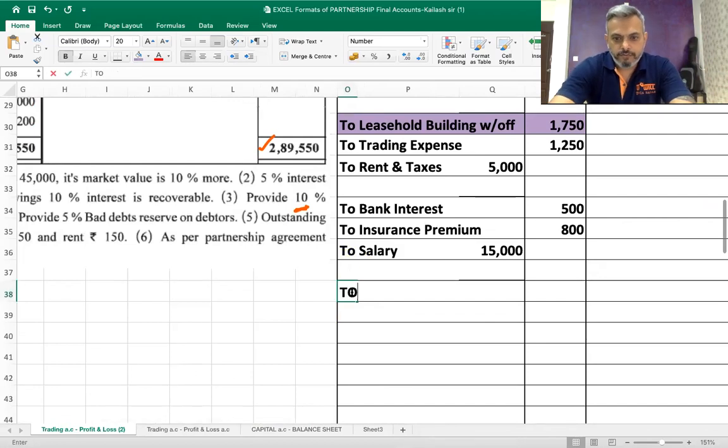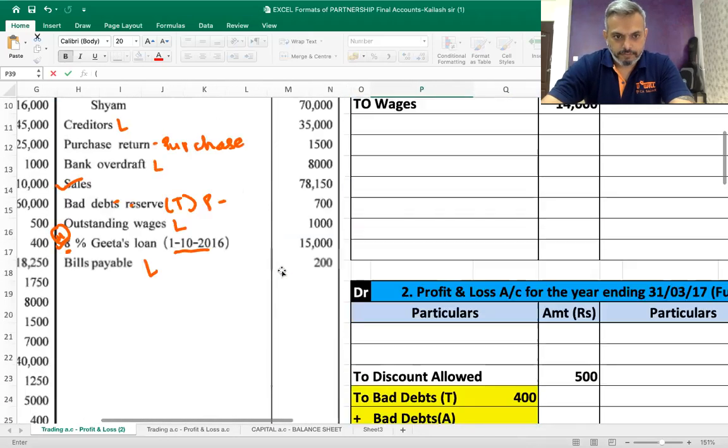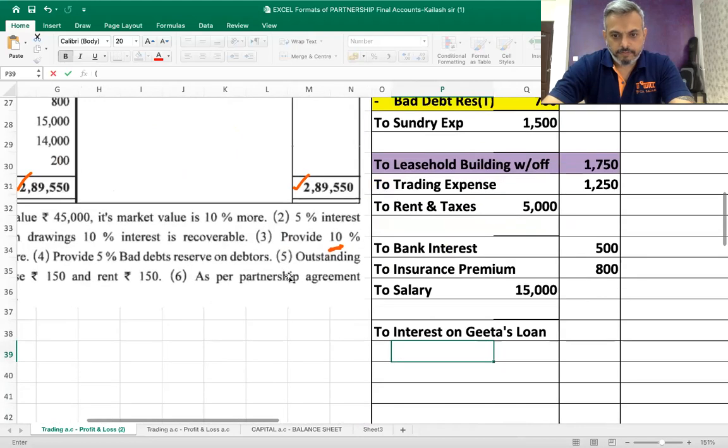So to interest on Geeta's loan. If you want, you can do the working over here. 15,000 into 8% into 6/12.